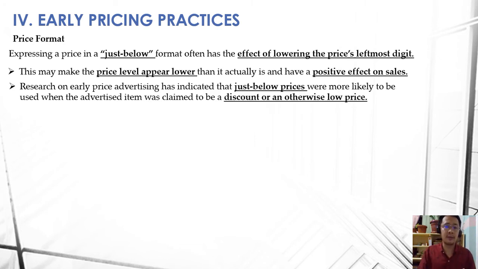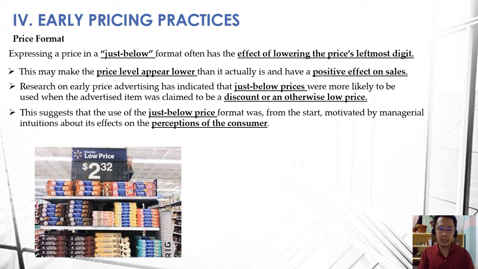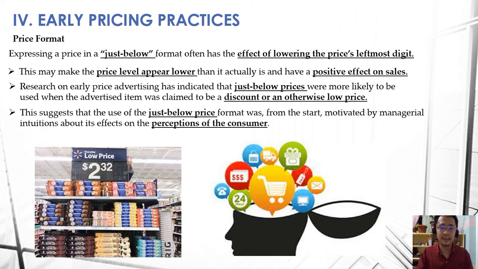Research on early price advertising has indicated that just below prices were more likely to be used when the advertised item was claimed to be discounted or otherwise a lower price. This suggests that the use of the just below price format was, from the start, motivated by managerial intuitions about its effect on the perception of our customers.